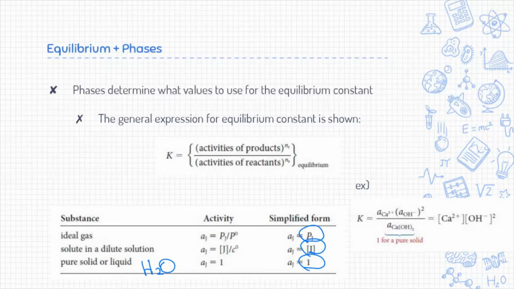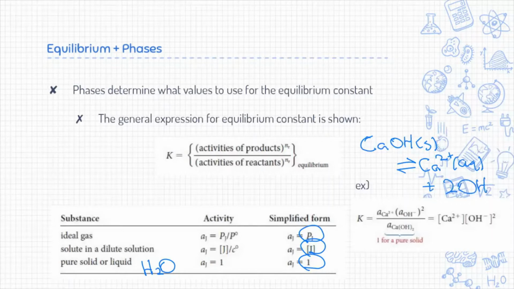So an example I gave you here is for the reaction of dissolving calcium hydroxide. If we write this down, then it would be Ca(OH)2 solid becomes Ca2+ in aqueous state plus 2 OH-, right?